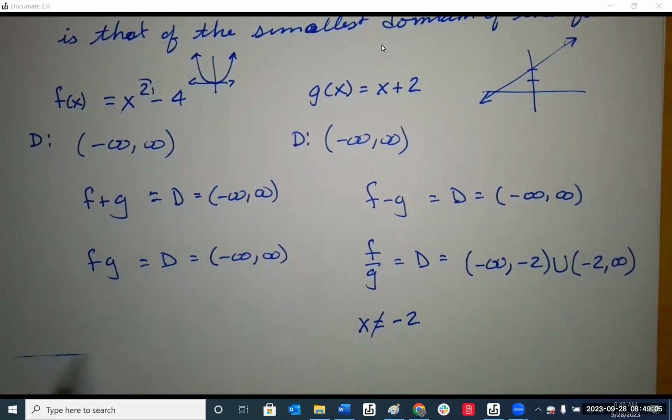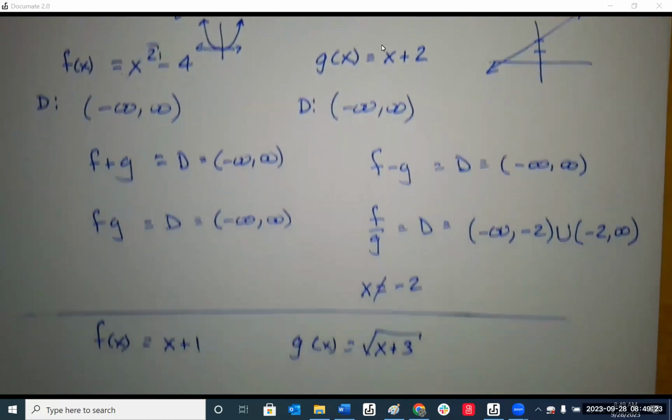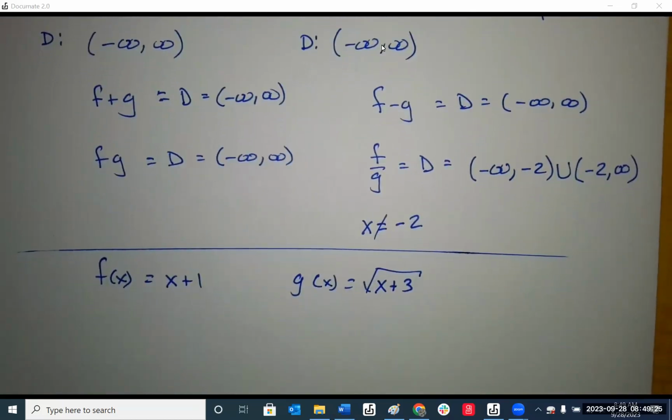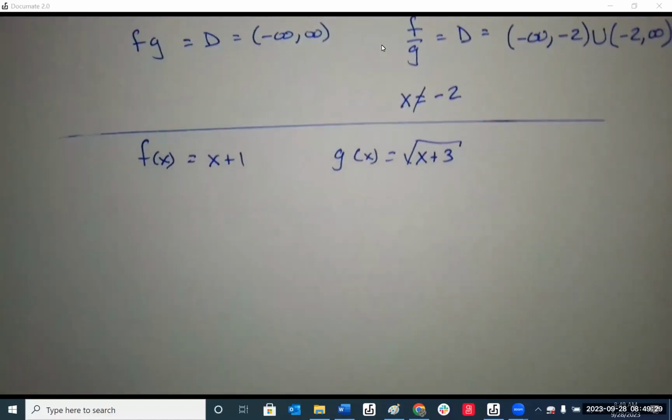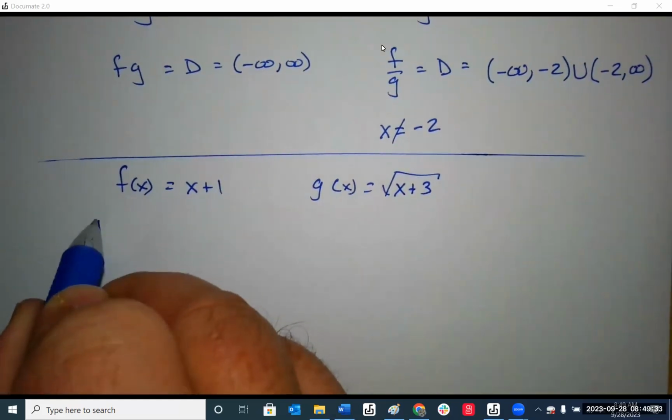How about the one we had earlier? What was that? X plus 1, square root of x plus 3. What's the domain of the first function?